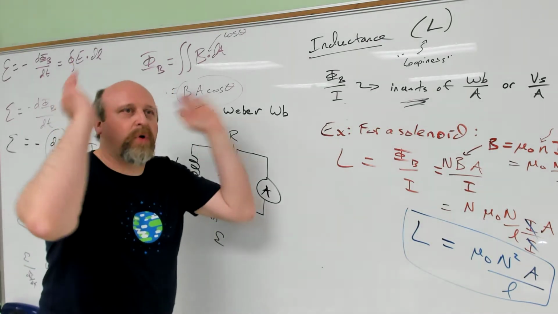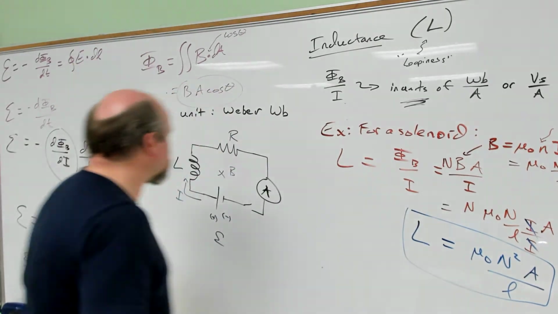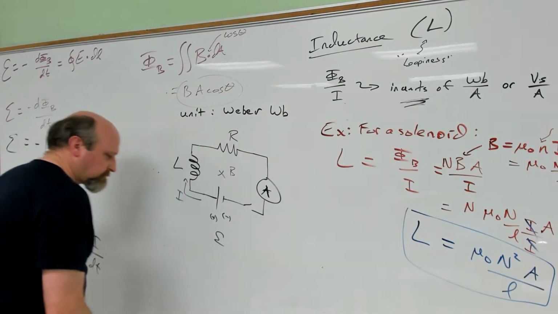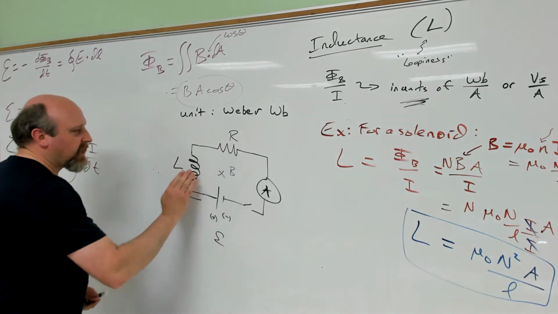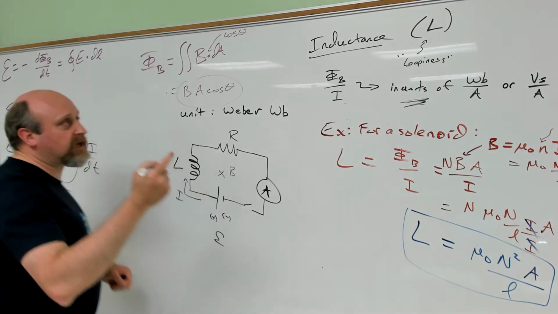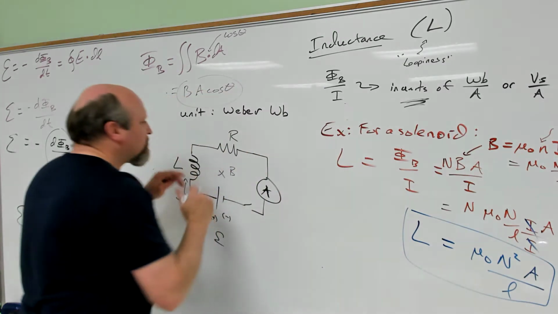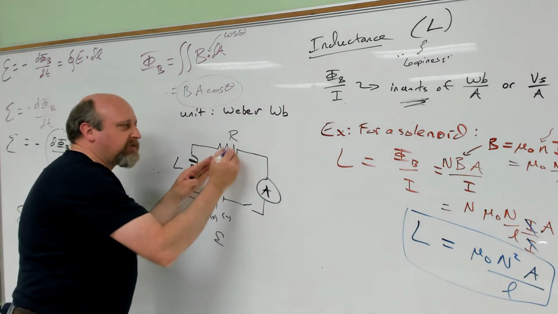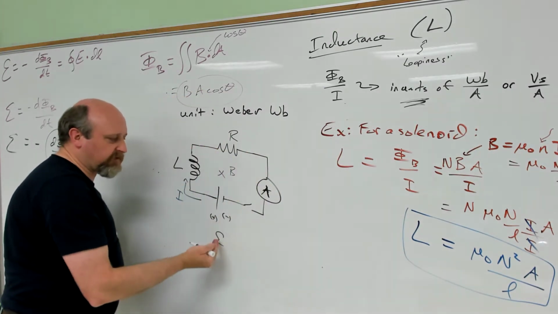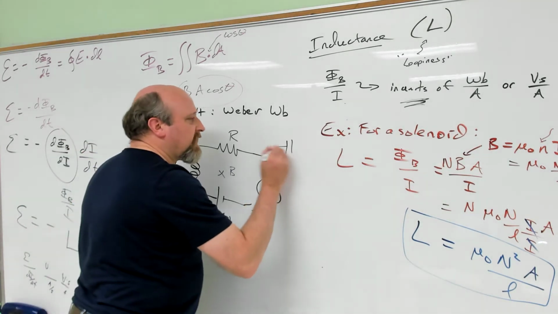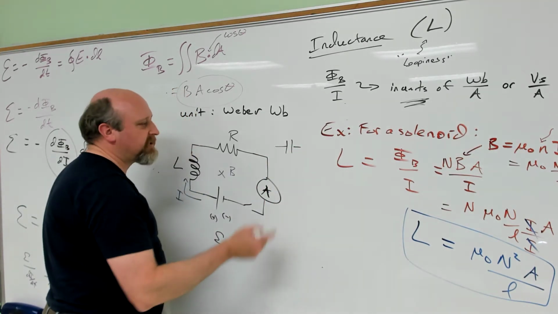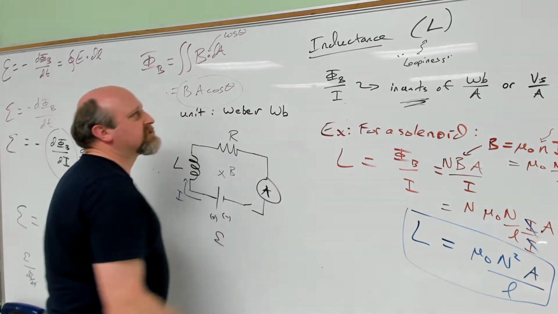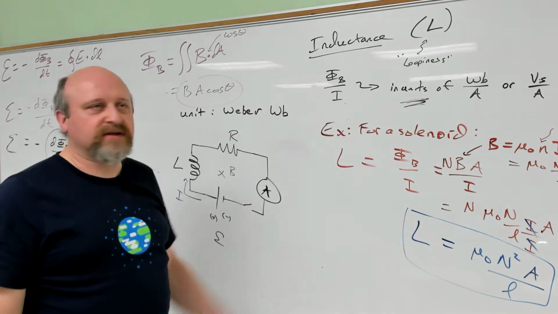Okay, now, let's talk about what that does. If I have a nice loopy guy, now, incidentally, inductance in a circuit diagram, you know how we do the squiggle for a resistor, or long line, short line for a battery, or two parallel lines for a capacitor, or an A in a circle for an ammeter, or a V in a circle for a voltmeter? Hey, what's the symbol for something that has a lot of inductance?